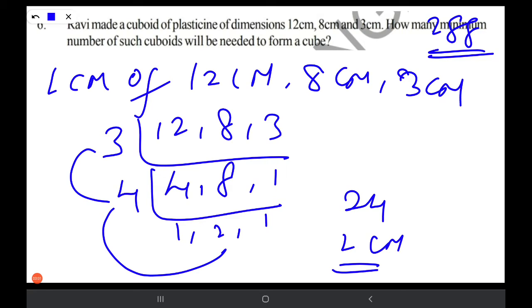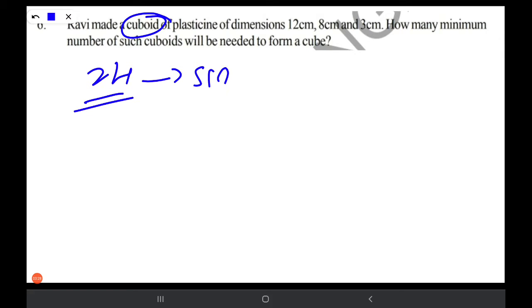It means 24 is the side of the smallest cube which is made by these cuboids. So this is the dimension, the side of a cube.